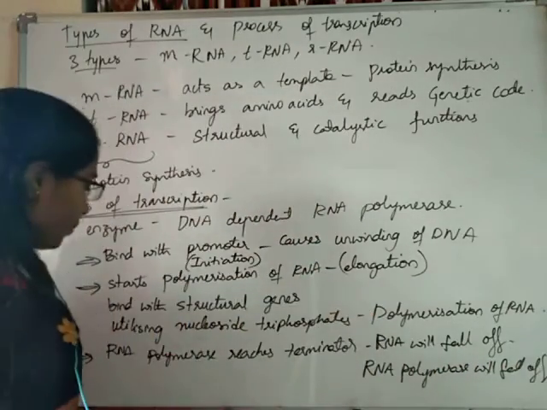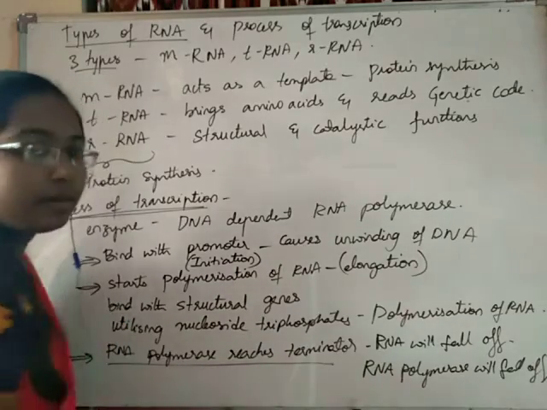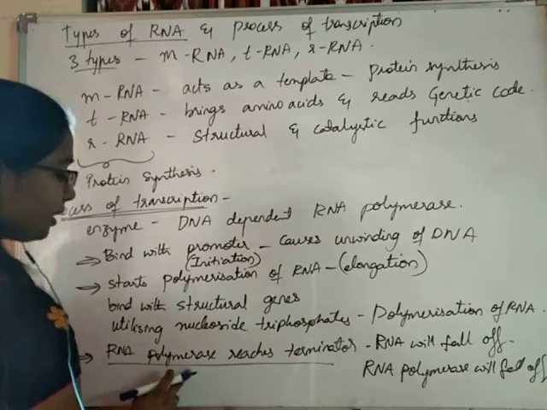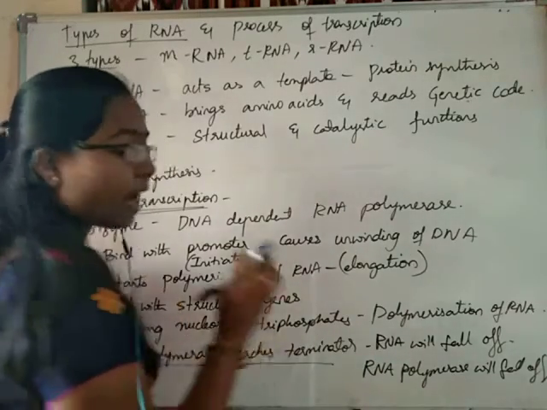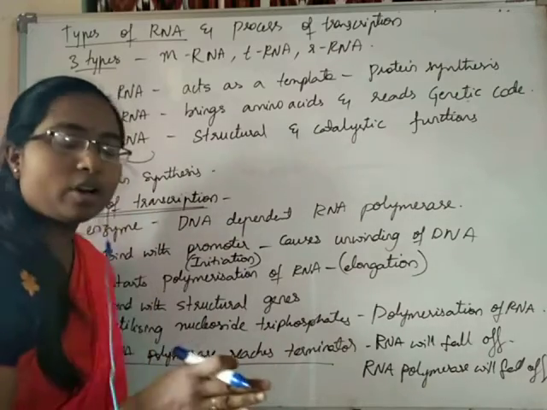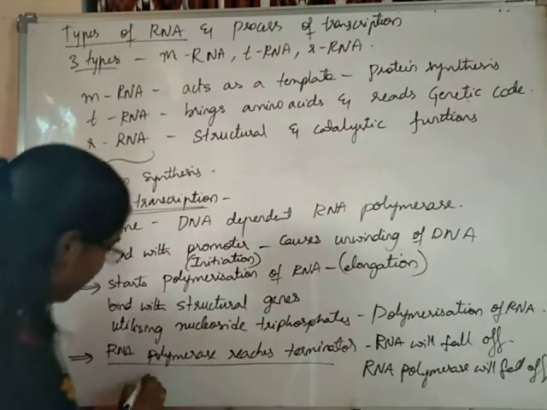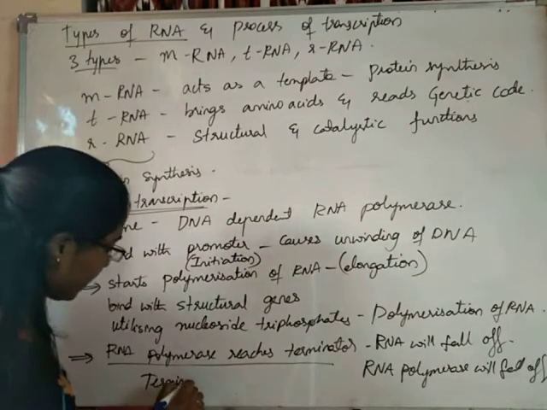So here is the end of transcription. RNA polymerase reaches the terminator, RNA falls off, then RNA polymerase also falls off. This step is called termination.